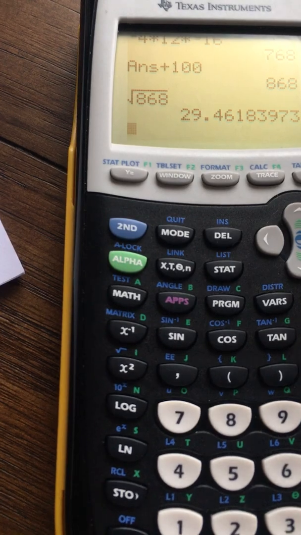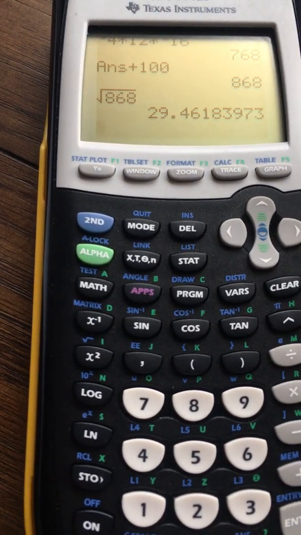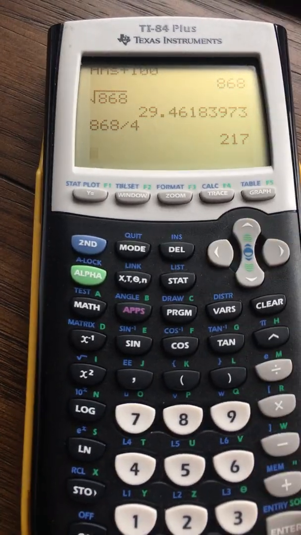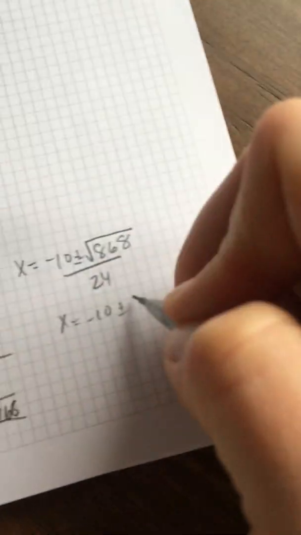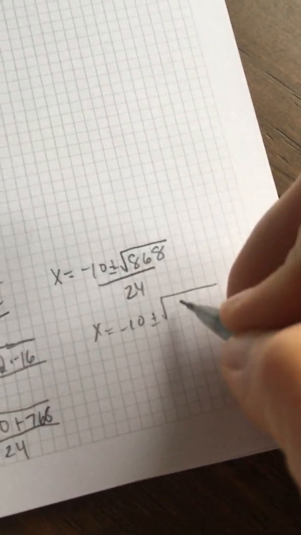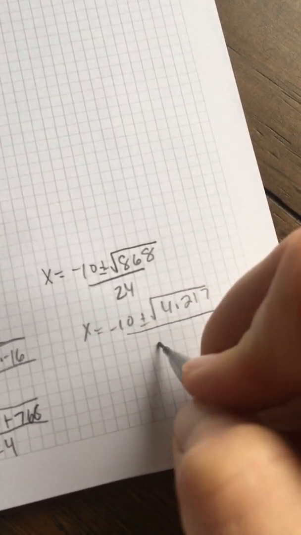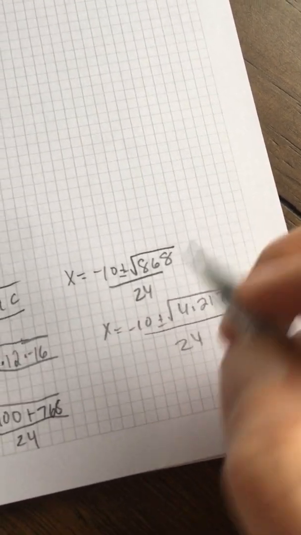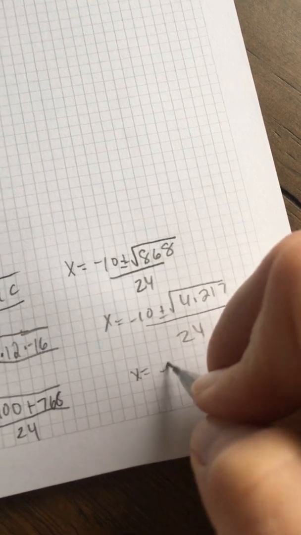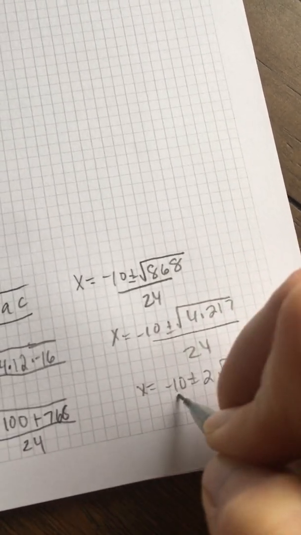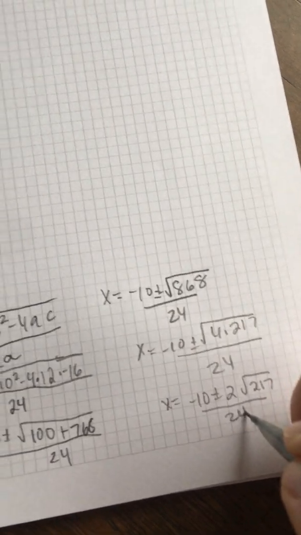I'm going to go ahead and see if I can divide that by 4 and use 4 and 217. Oops, sorry. So I'm going to do 4 times 217 gives me 868 over 24. 4 is perfect. It comes out. So I have negative 10 plus or minus 2 root 217 over 24.